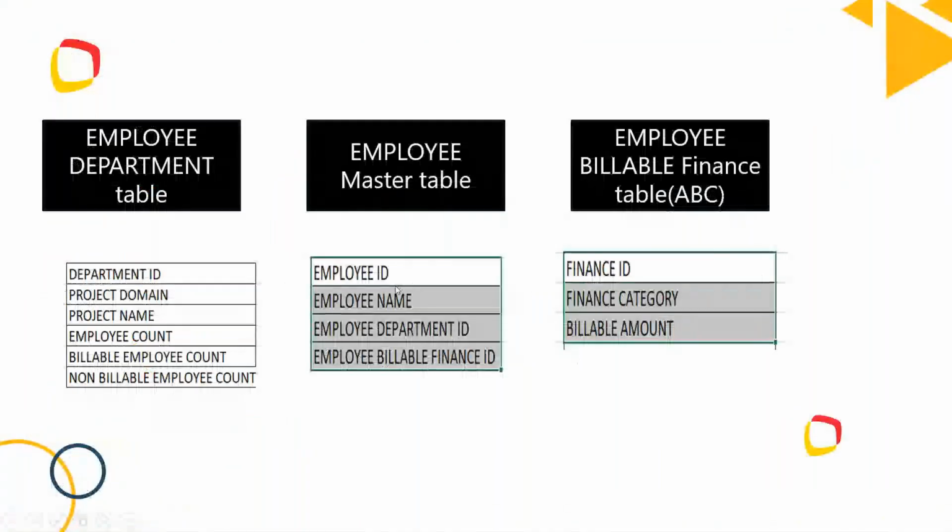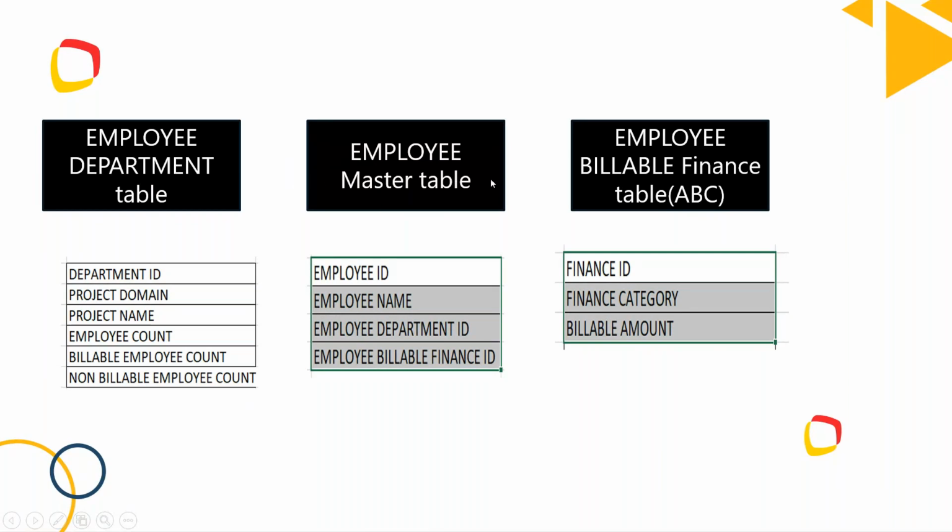See, if you look at the employee master table, if you want to join the employee department table and the employee billable finance table, there is no correlation between the first table and the third table. But in the employee master table, we have employee ID and employee department ID. Using the employee department ID, I can join these two tables.